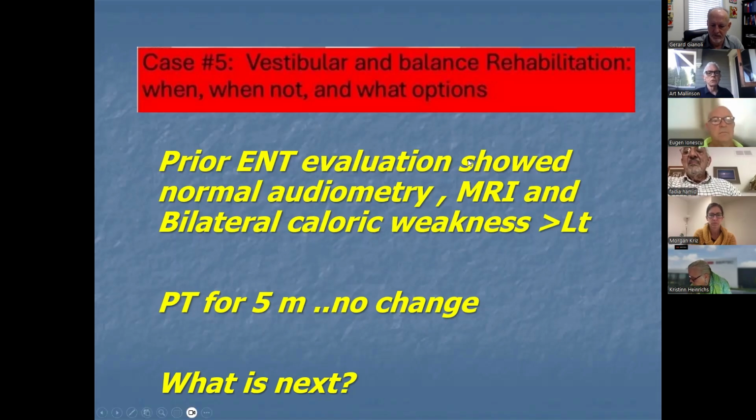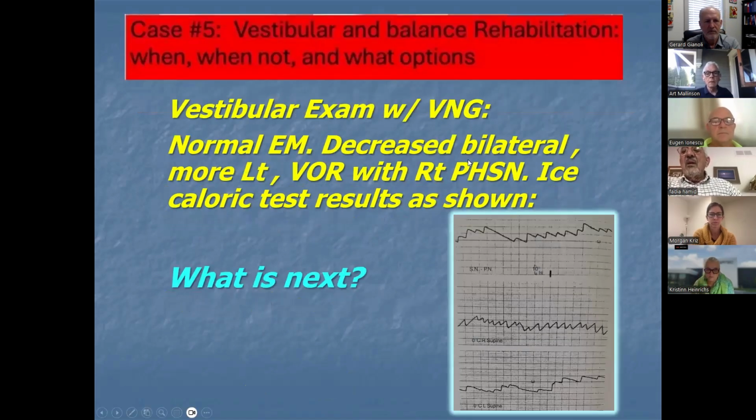Give me a sec. Sure. All right. So his vestibular exam, me now doing vestibular exam with VNG monitoring, his eye movements are normal, no central eye movements. The response was a little decreased bilaterally, more so on the left side, and there was right post-head shake nystagmus.